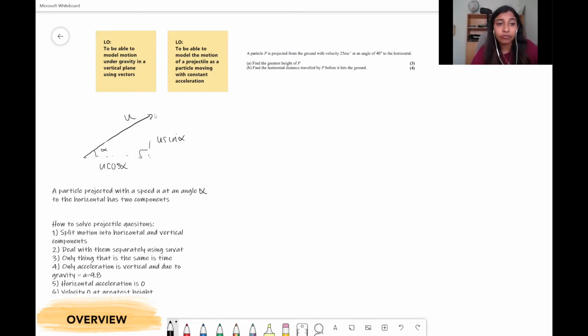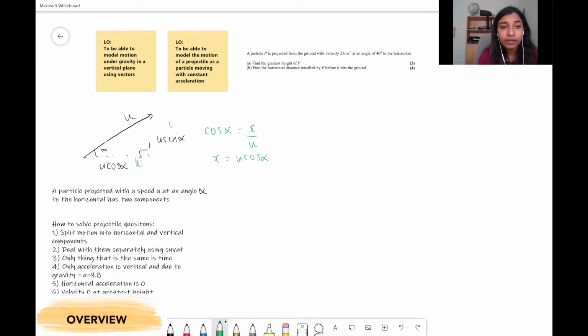Let me go through how we split it into u cos alpha and u sine alpha quickly. This is just using trigonometry. If you were first to work out your x component, your horizontal, you can say that cos alpha is equal to your adjacent over your hypotenuse, so that's x, and the hypotenuse of your triangle is u. That means your x is u cos alpha.